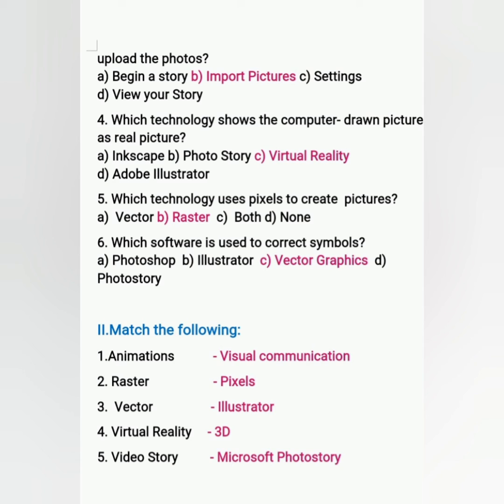The options are vector, raster, both, none. The correct answer is raster. Question number 6. Which software is used to create symbols? Options are Photoshop, Illustrator, Vector Graphics, Photo Story. The correct answer is Vector Graphics.